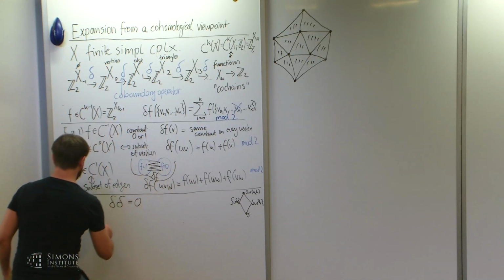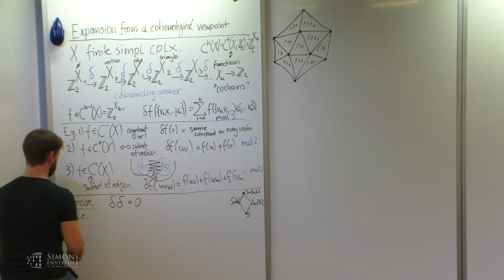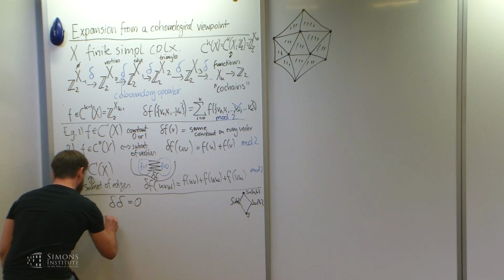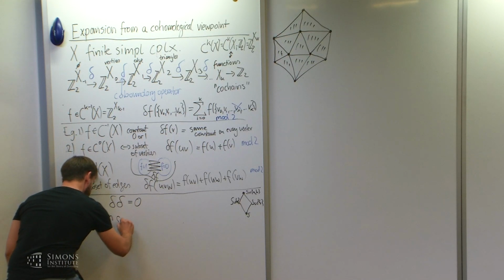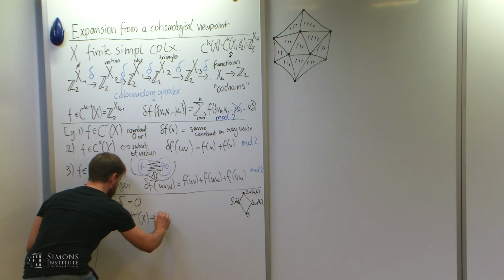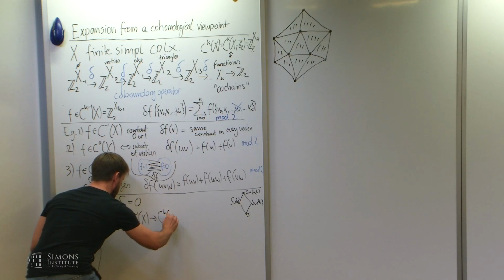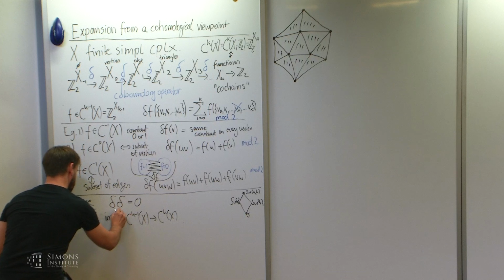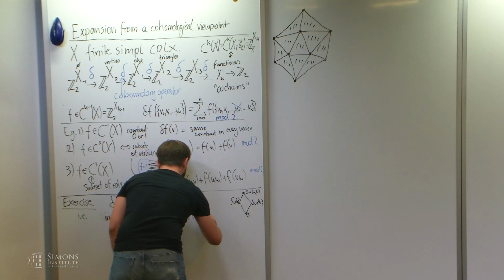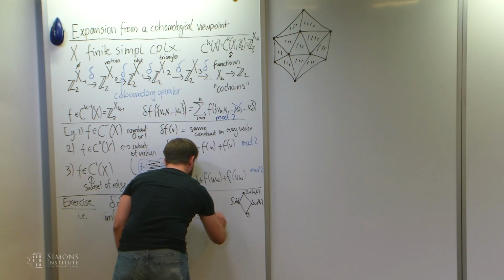So this means that the image of delta, let's say, from C^(k-1)(X) to C^k(X) is contained in the kernel of the following co-boundary operator.